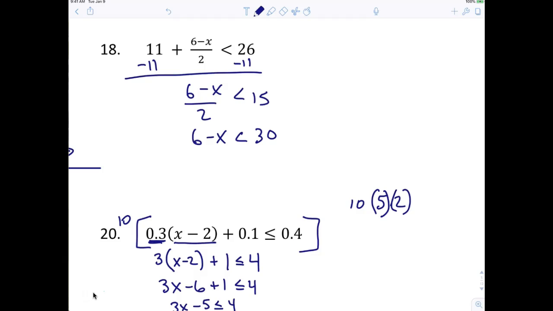So far so good. Now we subtract 6. Now we change the signs. X is greater than -24. So the x is greater than -24. -24 to infinity.